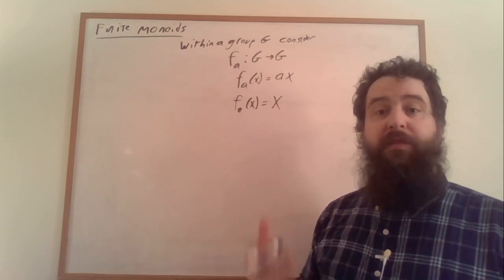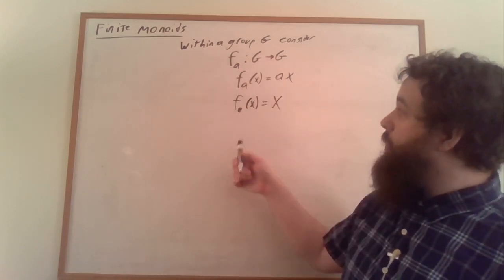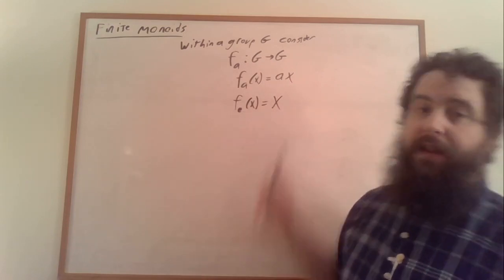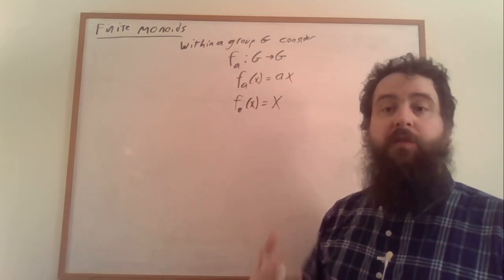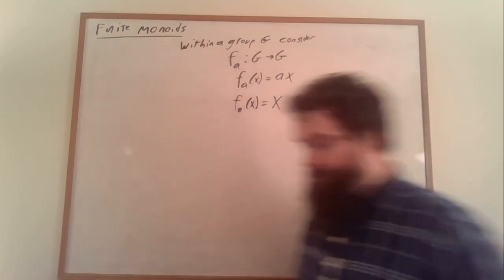And this is a very nice perspective on our functions, not only because the identity element of the group corresponds to the identity function, but also because multiplication in our group corresponds to composition of functions.